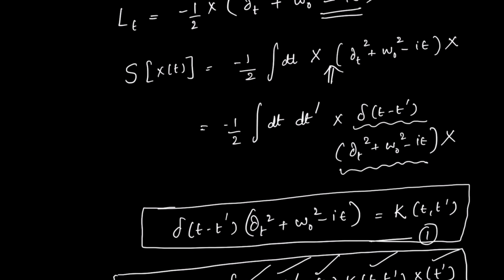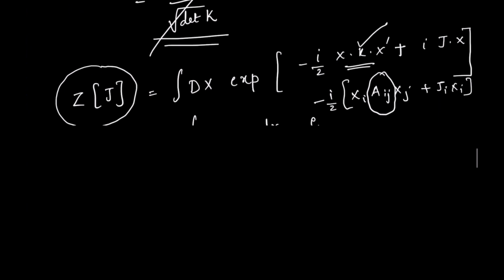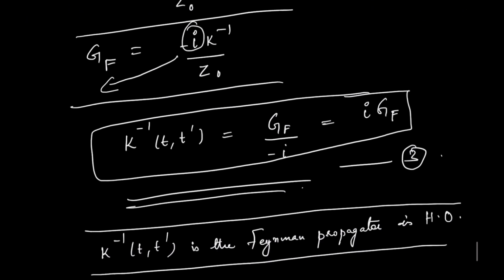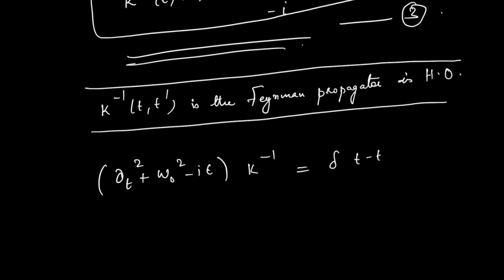Now combining equations 1, 2 and 3, I can write the bracket term acting on K inverse is equal to the delta function.